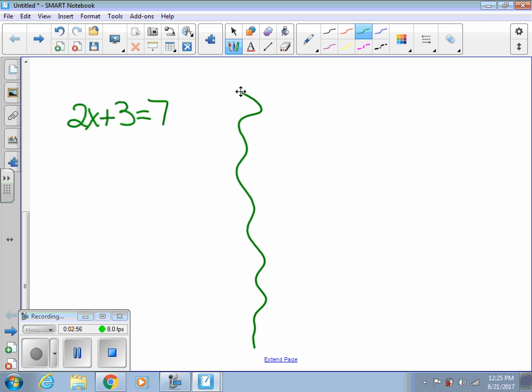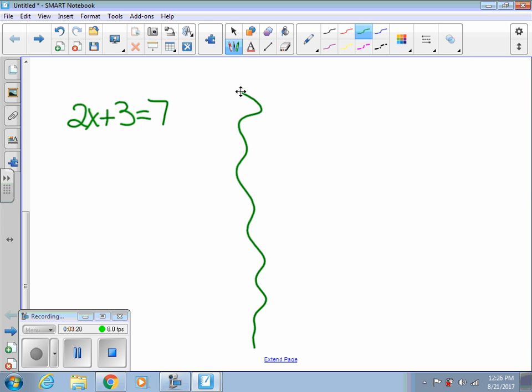Here, one of the things you always have to realize is you're trying to get x by itself. So before you get rid of whatever's multiplied to the variable, you get rid of whatever's added and subtracted. You got to get rid of that first. So I want to get rid of the 3.